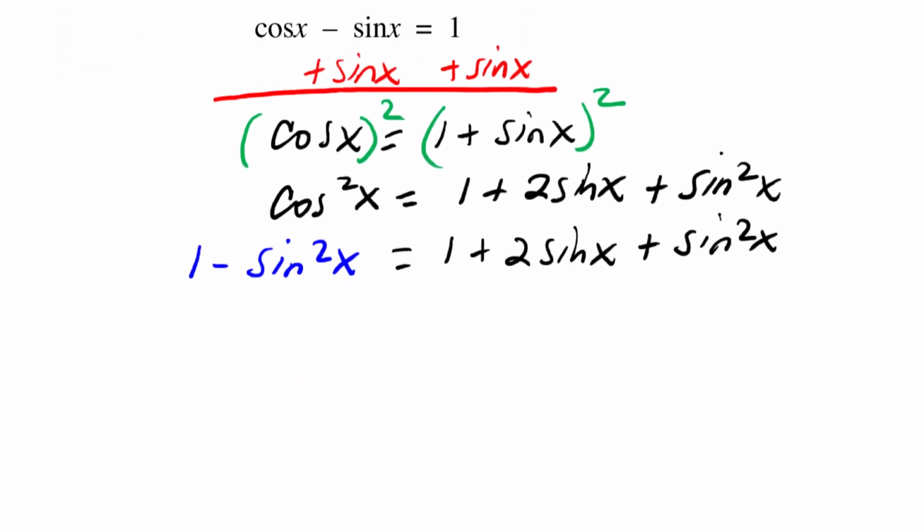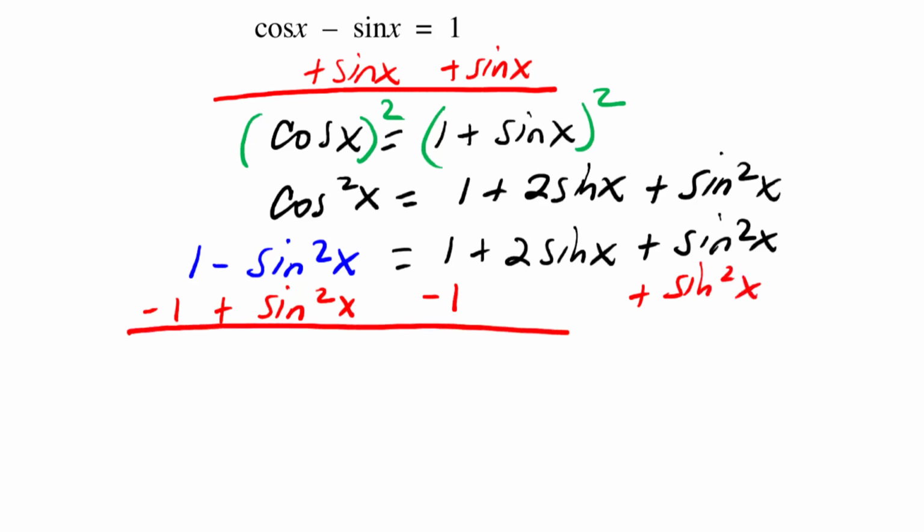We'll make it 0 on the left side by adding negative 1 to each side and by adding sine squared x to each side. What we get out of this is 0 equals 2 sine x plus 2 sine squared x.